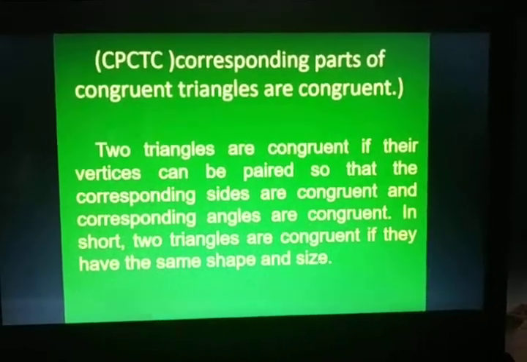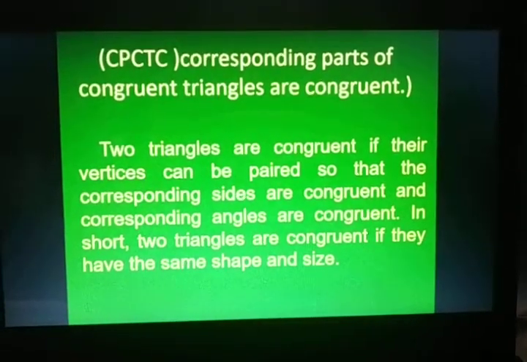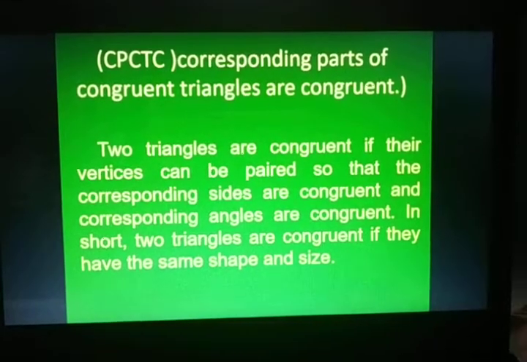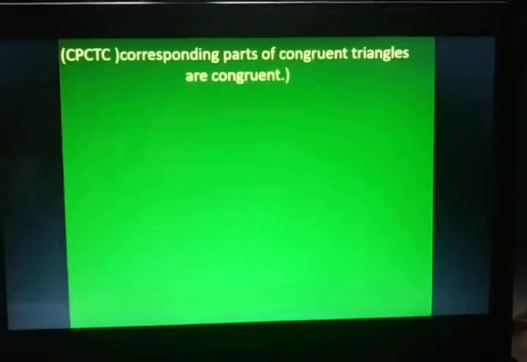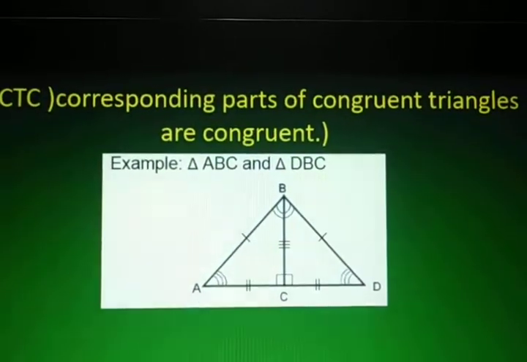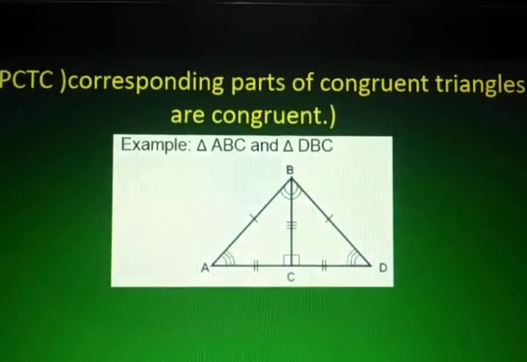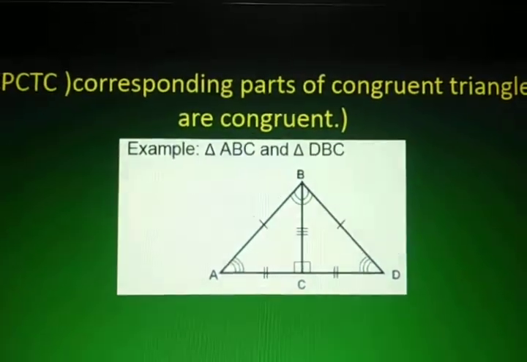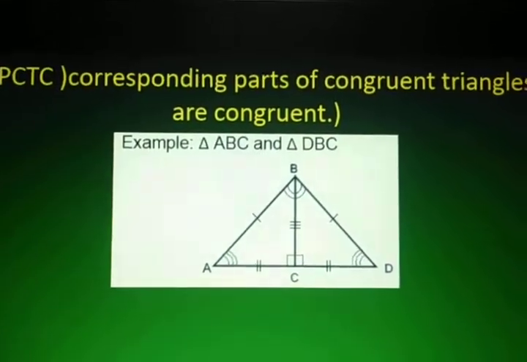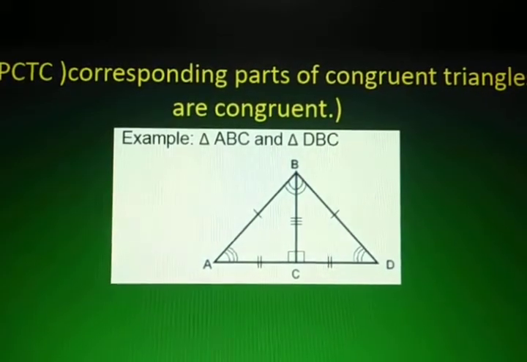When we say corresponding, it means equivalent in the first triangle and in the second triangle. Let's have an example, triangle ABC and triangle DBC. Take note of the symbol for the word triangle. It's the shape of a triangle with the capital letters of the vertices of the first triangle, ABC.